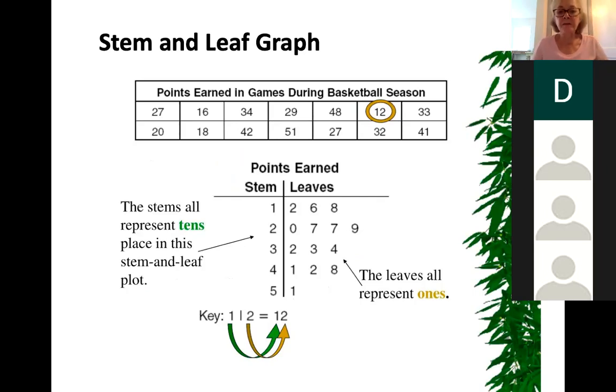There are two graphs besides the box whisker plot that are very popular. You might not have heard of this one. This is a stem leaf graph. So I have data that has 2 digits, points earned in games during a basketball season.